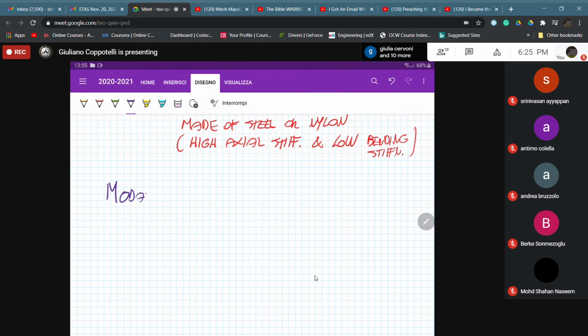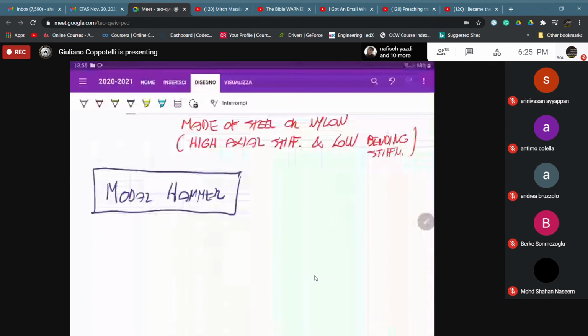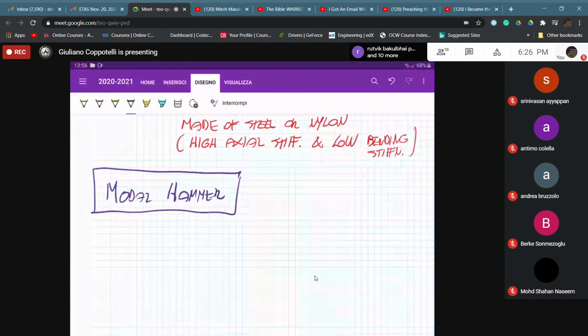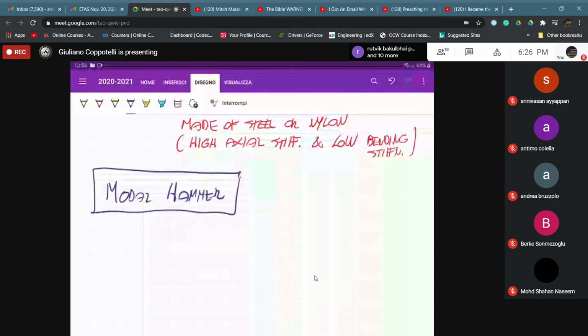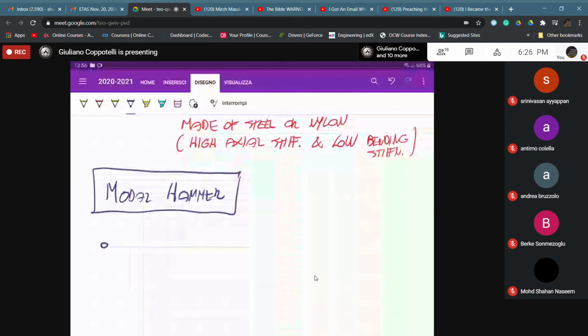We are not going to review the properties and discuss the capability, but just now comparing the use of this modal hammer to excite the structure with the shaker excitation, we can say that by using the modal hammer, we don't have any insertion error due to the very low added mass.